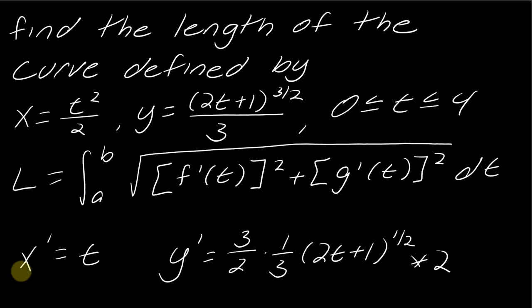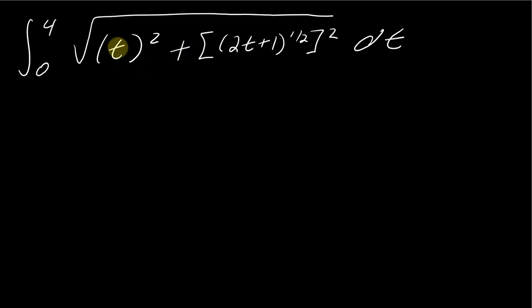So my x prime is just going to end up being t, and for my y prime I have to use the chain rule. I bring down the exponent 3 halves times 1/3, then I subtract 1 from the exponent, and then I multiply by the derivative of the inside function, so that's times 2. Now if I plug in what I've got, here's my x prime, and here's the derivative of y, which has to be squared.